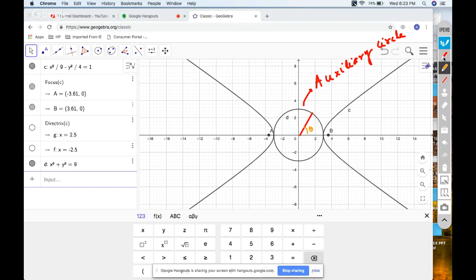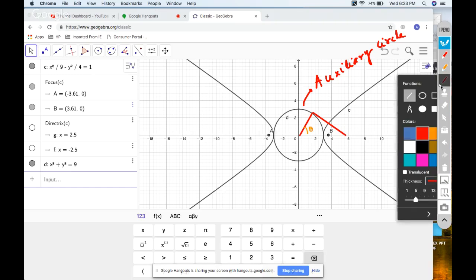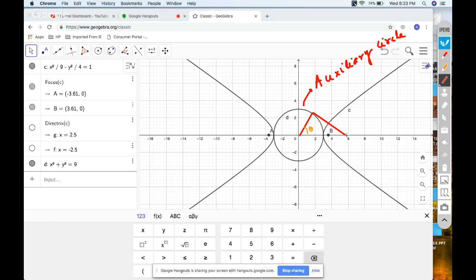And from this point, I'm going to sketch a tangent. So what I did, I took an angle theta and I sketched a tangent at this point. This tangent meets the transverse axis at this point.